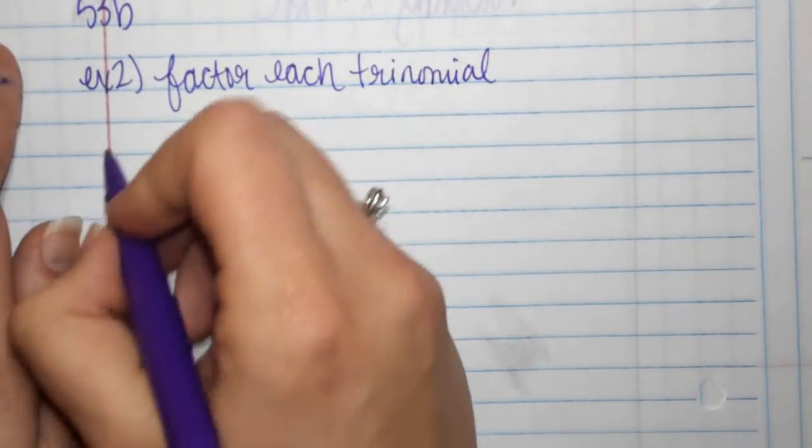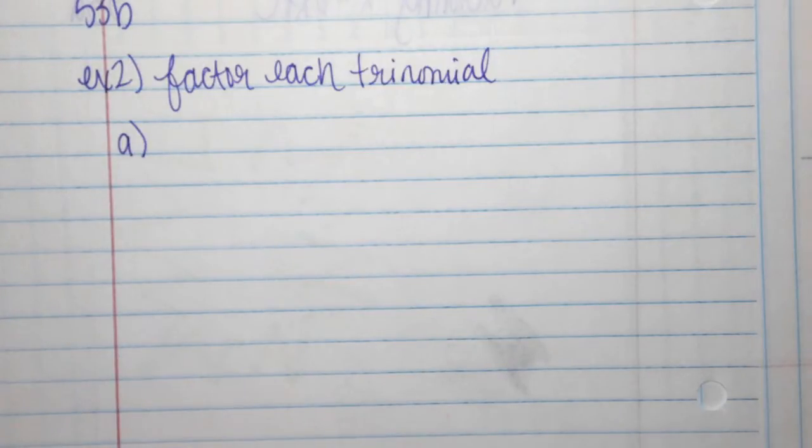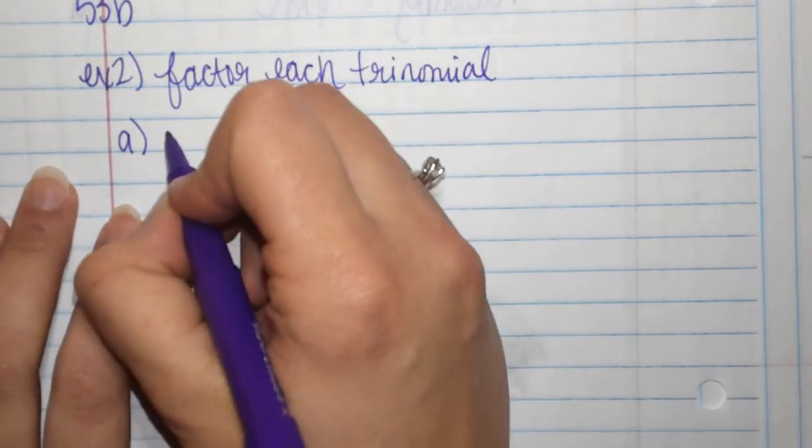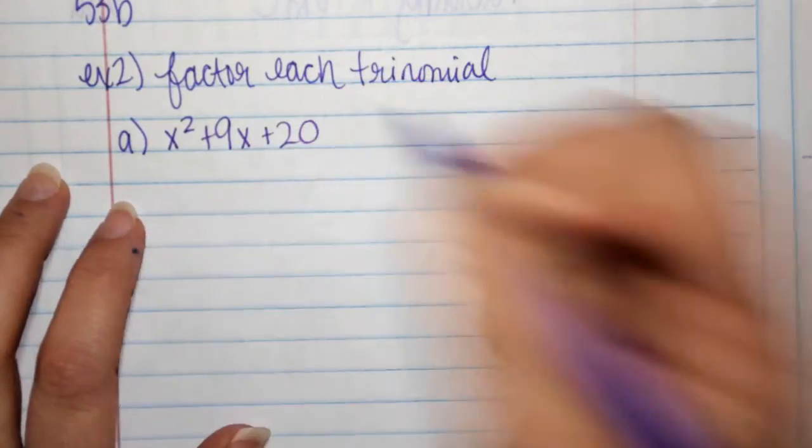All right, factor each trinomial. Example 2, because the front was example 1. So A, our first problem that we're going to do together is x squared plus 9x plus 20.